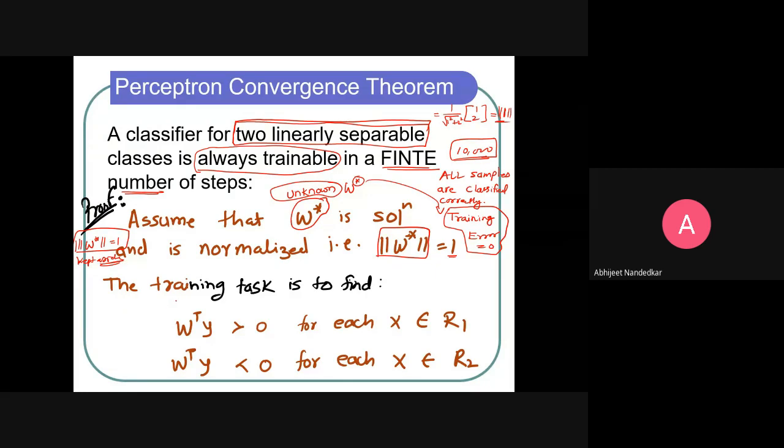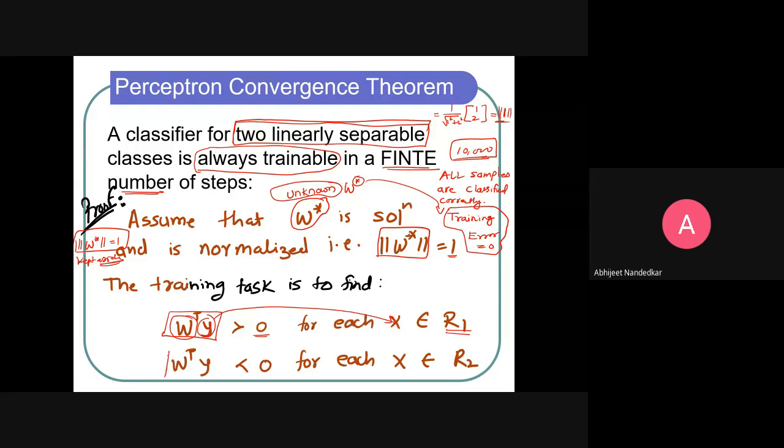So what I do now, I take some W, that is the current weight vector, multiplied by input, given input Y. I want this W transpose Y to be greater than 0 for each Y. This Y is actually augmented X. So I am writing here for each X belonging to class 1.